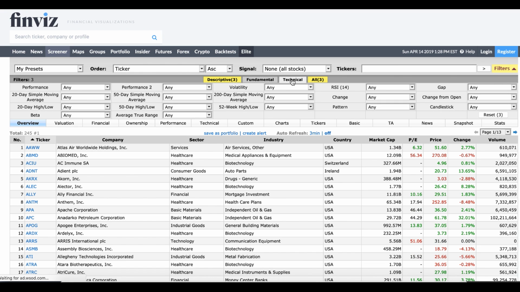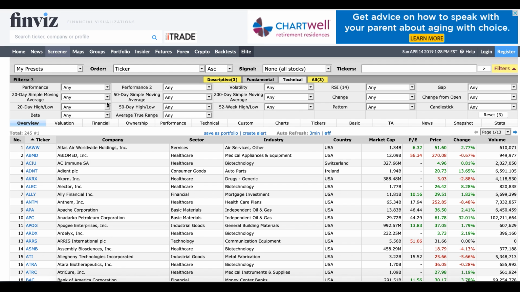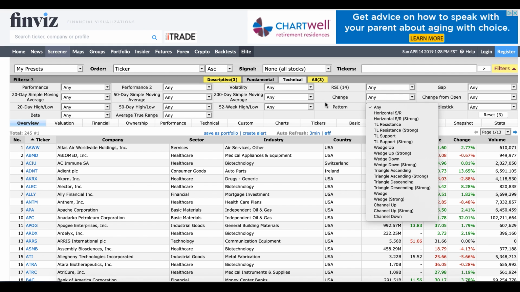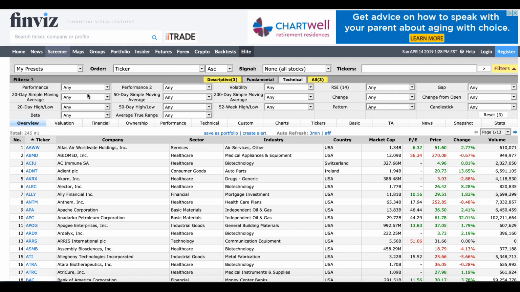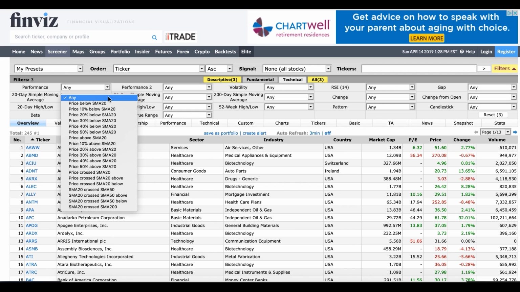Let's go to the technical page. So you can see here we've got moving averages, true range, ATR, RSI, patterns. You can select a pattern if you want to look for patterns. So what I'm going to do here is I'm going to do one of the scans that I described in my book. So I look at the price.